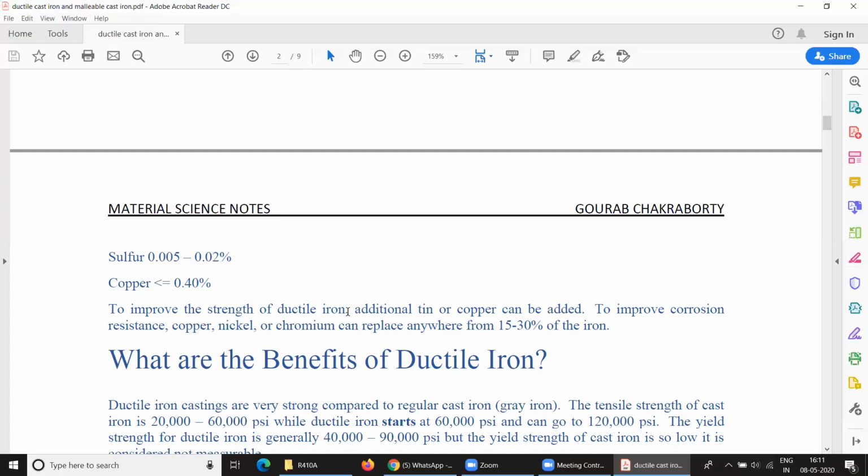To improve the strength of ductile iron, additional tin or copper can be added. To improve corrosion resistance, copper, nickel or chromium can replace anywhere from 15 to 13% of the iron.